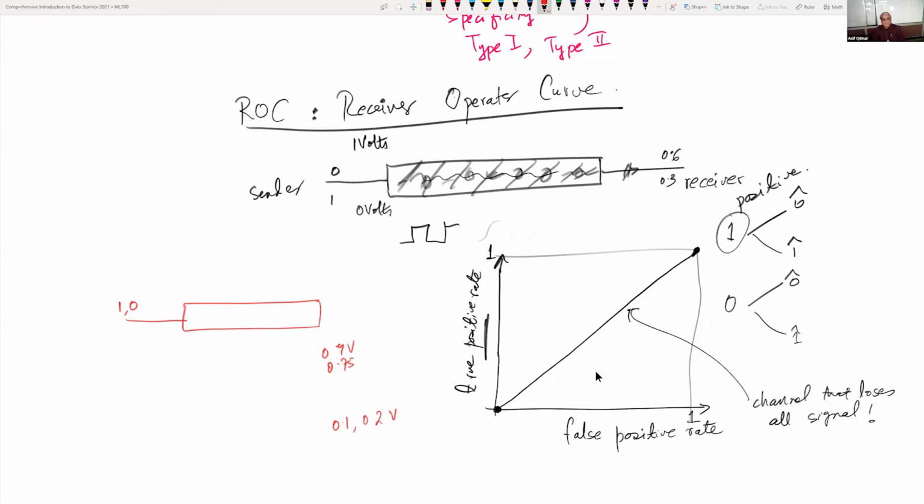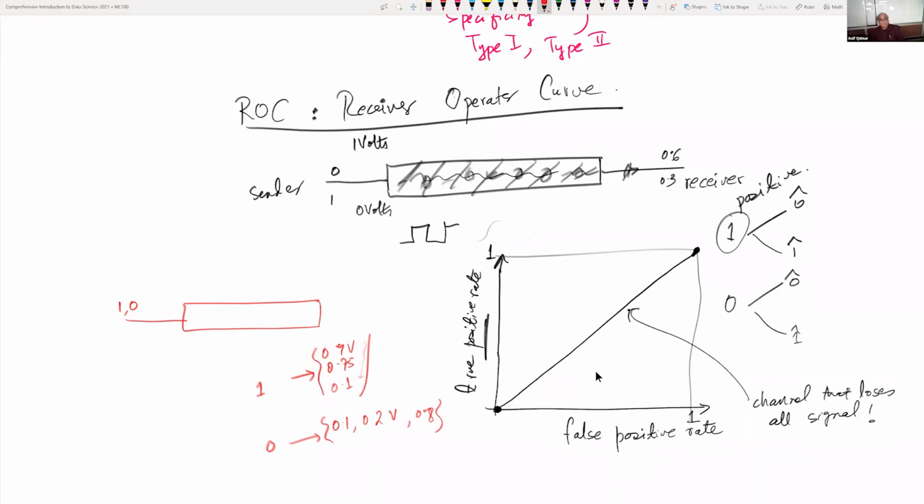And very, very rarely, occasionally, because of some glitch in the system, a 1 may suddenly become 0.1. So you may still have some error rate for 1, right, as it passes through. And for 0, occasionally, just by chance, you might end up with 0.7, 0.8 or something like that, right? So the channel is pretty clean, with just a little bit of noise.